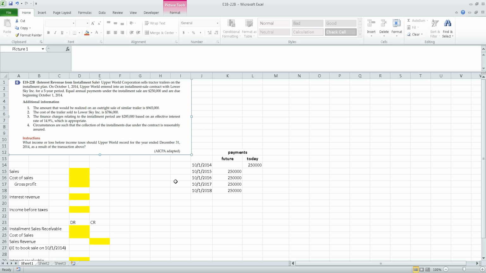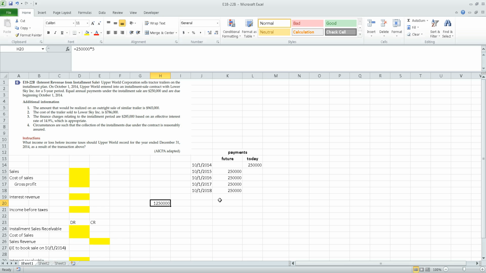So the question is, why would the buyer be willing to make 250 times 5 payments, $1,250,000, for something that if another customer came along with cash today, that customer could buy for $965,000?